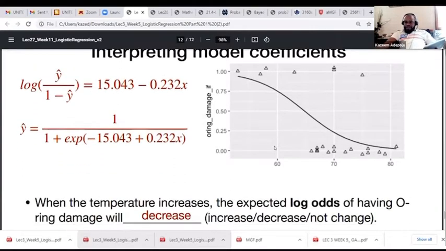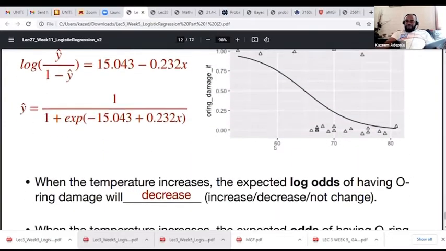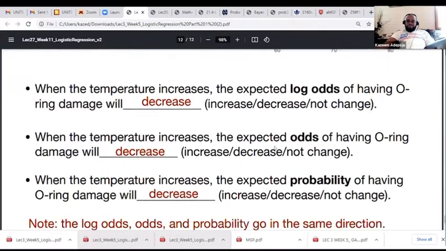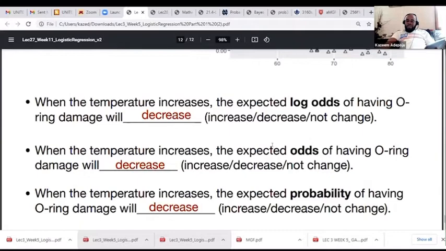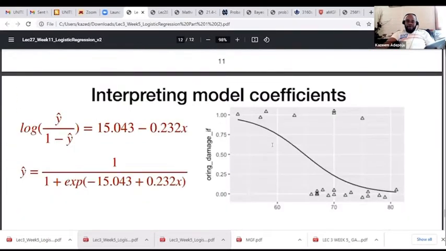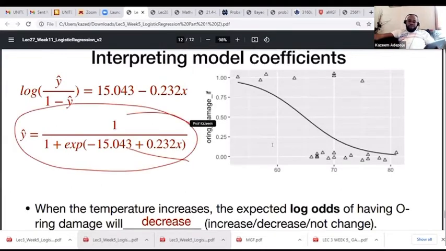Okay, so if you now look at what we have right now, we want to make some observation. I think I talked about this, right? I talked about how you can interpret this model in the probability form, where you talk about the expected probability of the characteristics of interest.